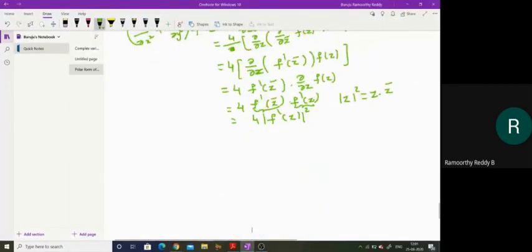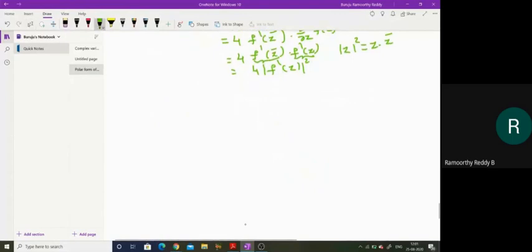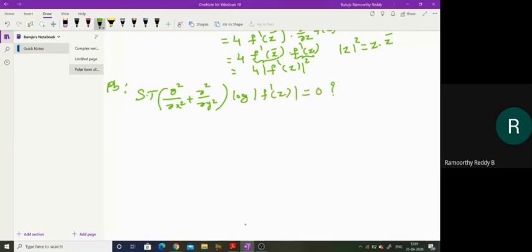Similarly, show that ∂²/∂x² plus ∂²/∂y² of log mod f dash of z equal to 0, right?